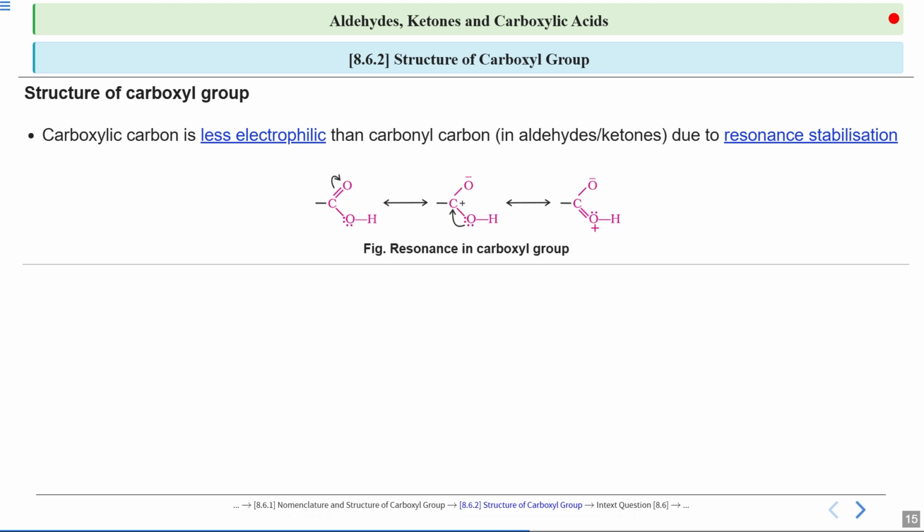In the resonating structures, the resonance involves delocalization of electrons, which stabilizes the molecule. The charges are spread out in the carboxylic group, so that is why the carbon is less electrophilic.